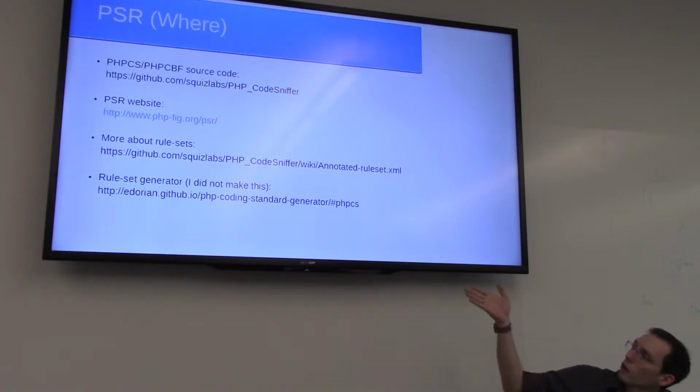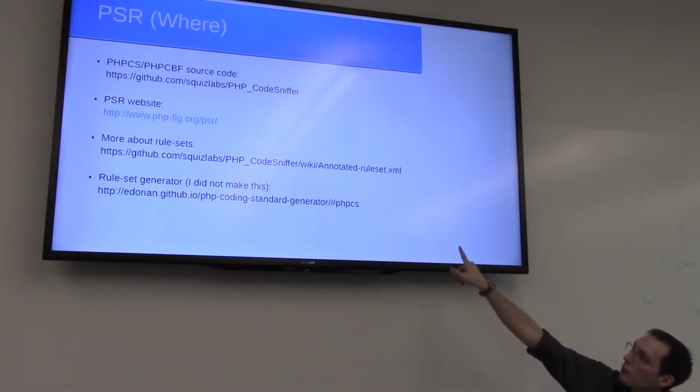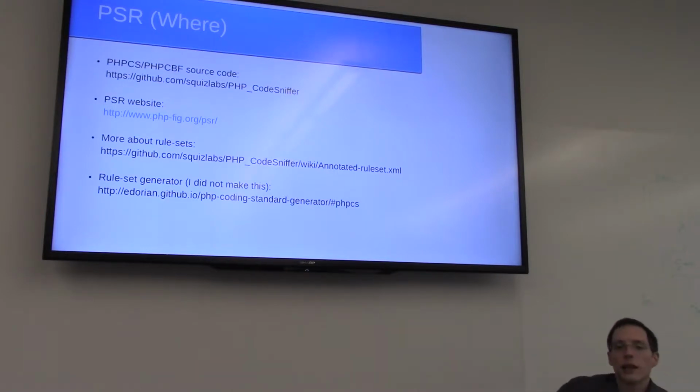So if you want to go more into it, you can just go to php-fig.org/PSR. Squeeze Labs has more about the annotated rule set, and that is how you can set up an XML configuration file to say, these are the rules we're going to adhere to whenever we run these checks. And the nice thing about that is you can actually say, I want to include the entire PSR2 coding standard except for this rule.